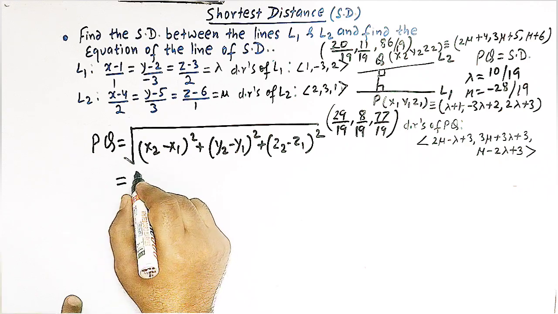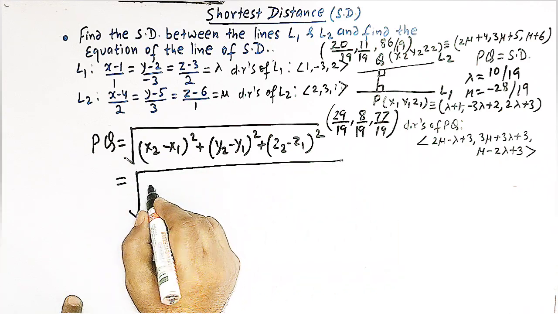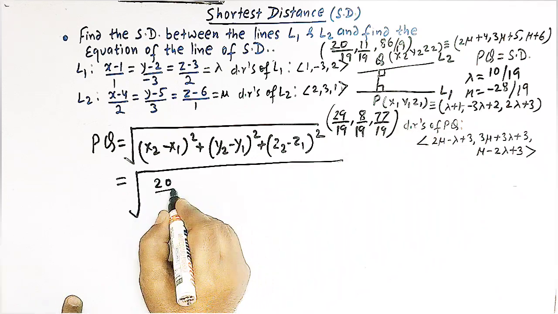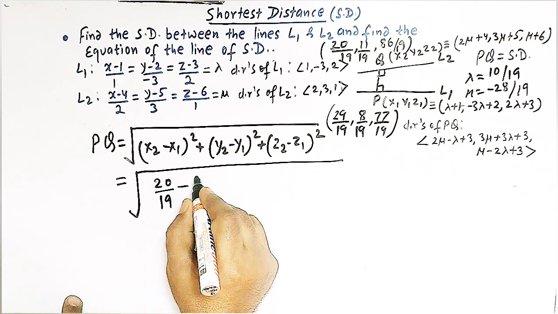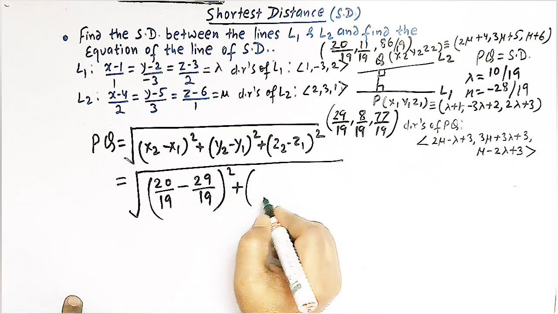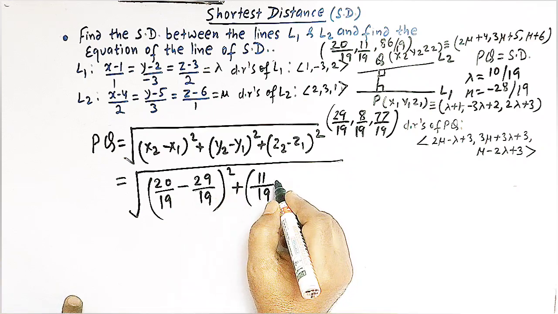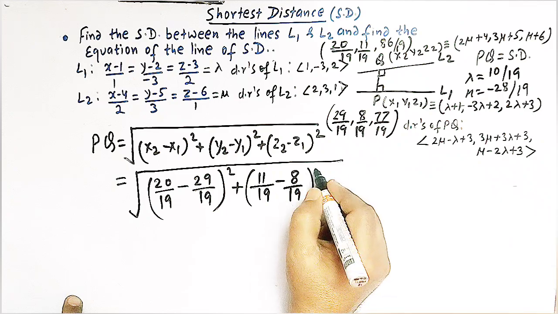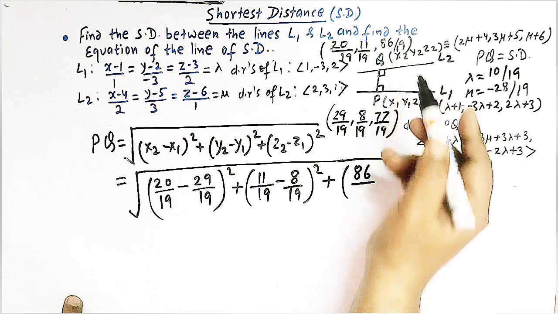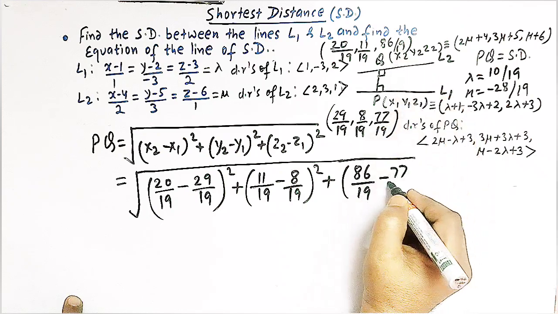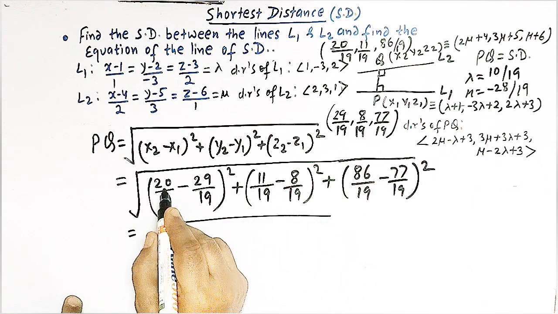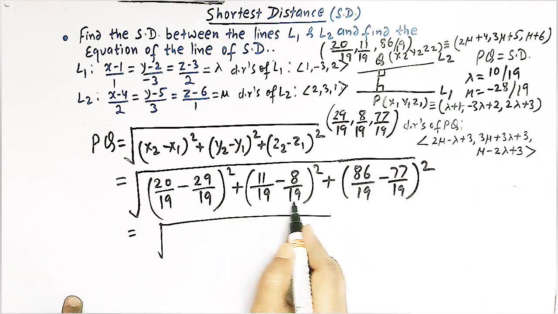So now here, substituting the values, we have now x2 minus x1, so we have 20 over 19 minus 29 over 19 square, and then we have 11 over 19 minus 8 over 19 square, and here we have 86 over 19 minus 77 over 19 square. So now we have here, the denominators are same.